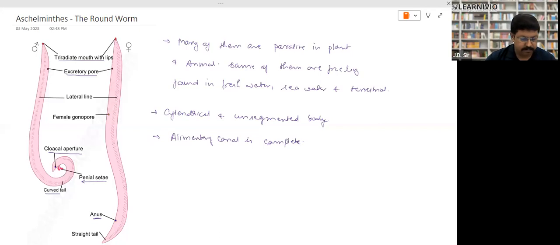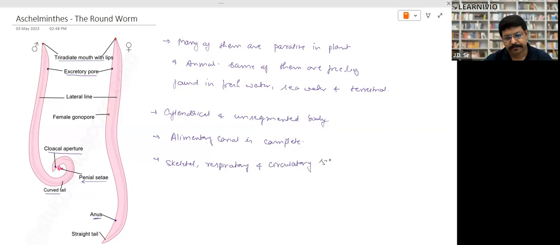Alimentary canal is complete, and some organs are absent. So skeletal, respiratory, and circulatory system absent.